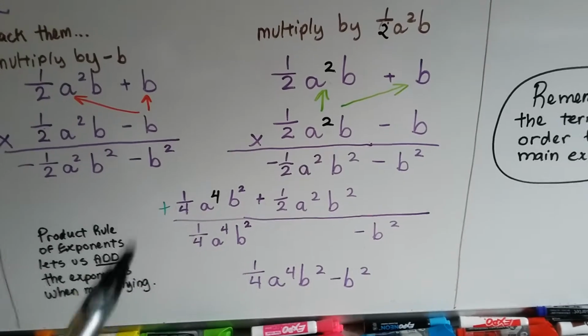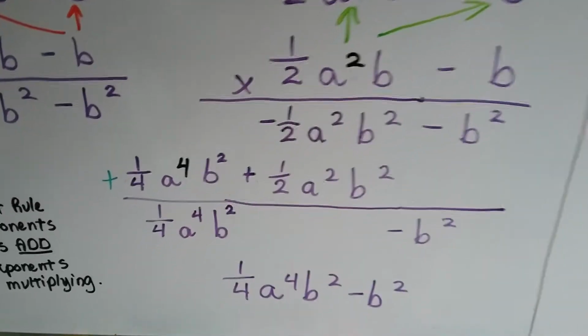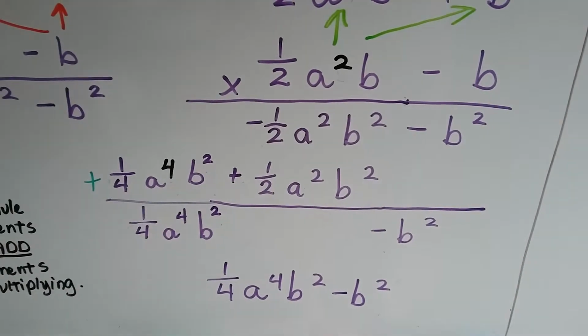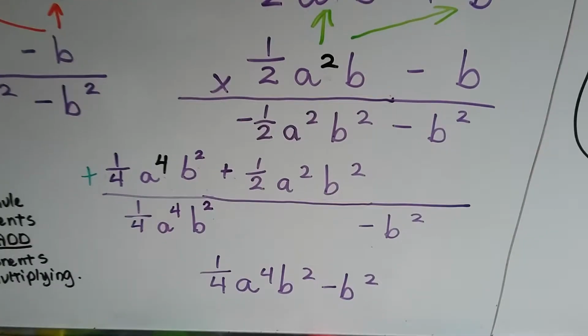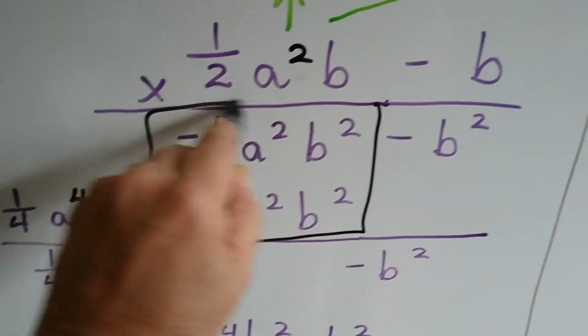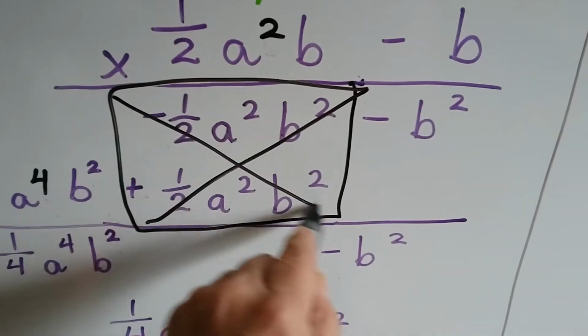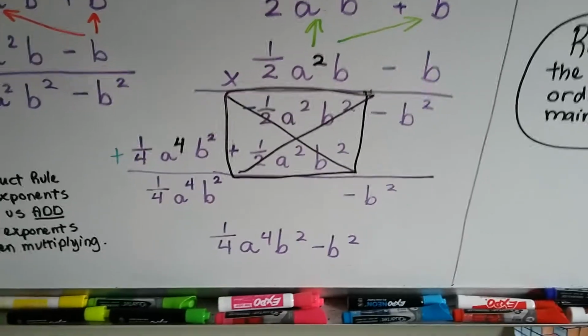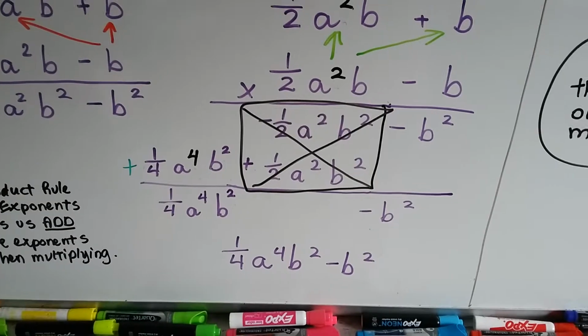So now, if you look at this, look at the center here. We've got a negative half a squared b squared and a positive half a squared b squared. You know what that makes? That makes a zero pair, and we can just cancel them. We can just eliminate them. It's gone. It's like if you had a negative 5 and added a 5, you'd have 0, right?